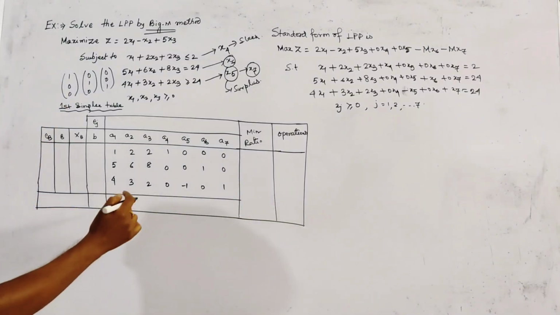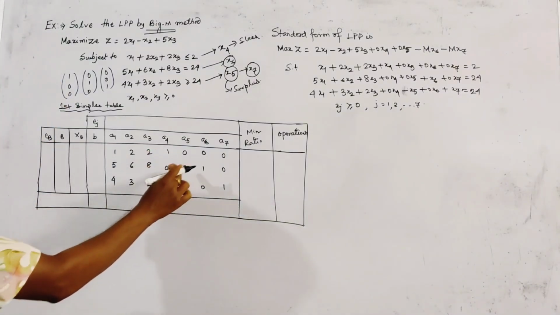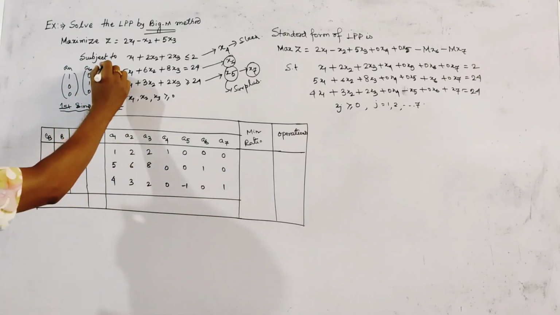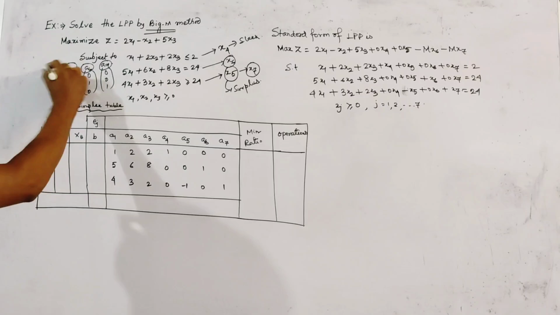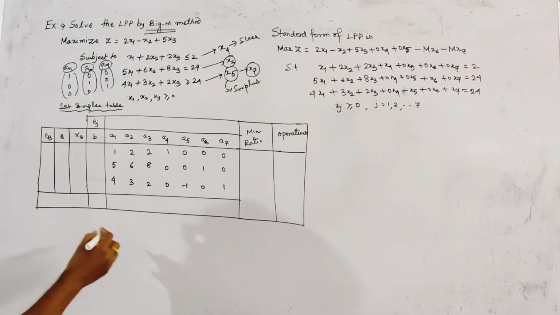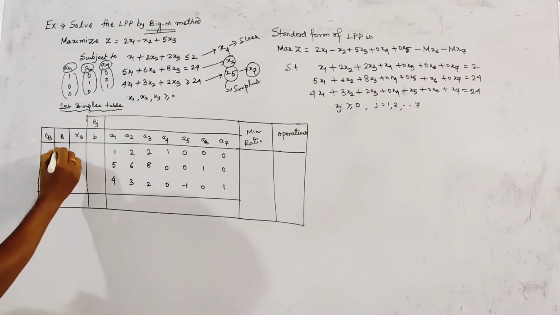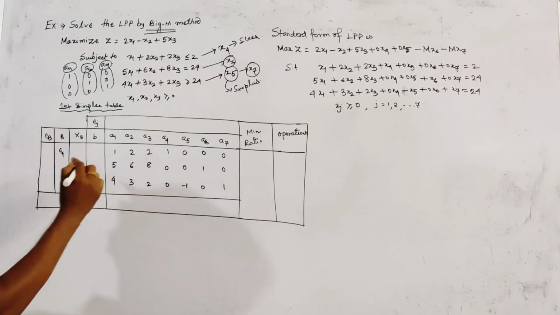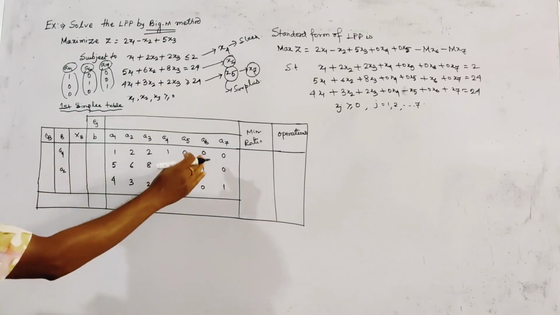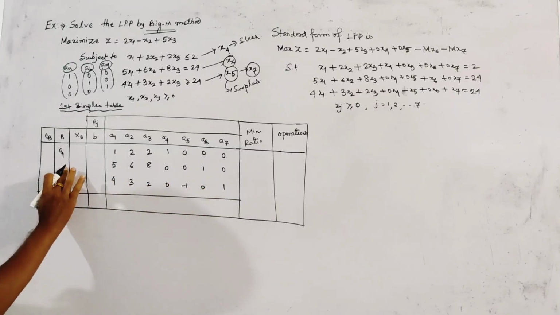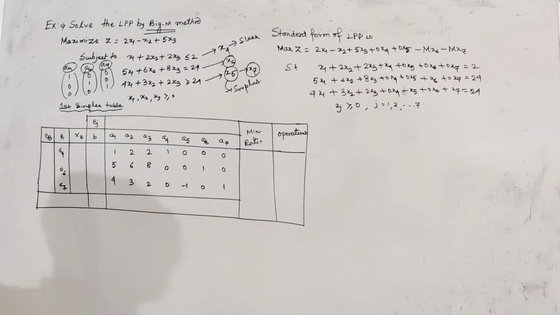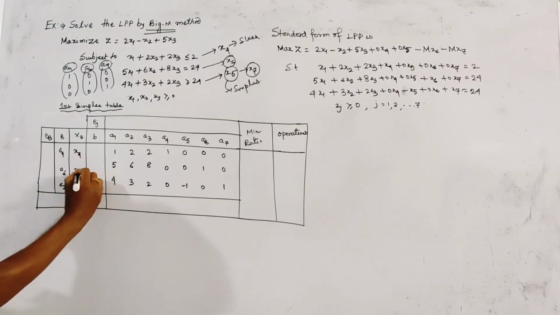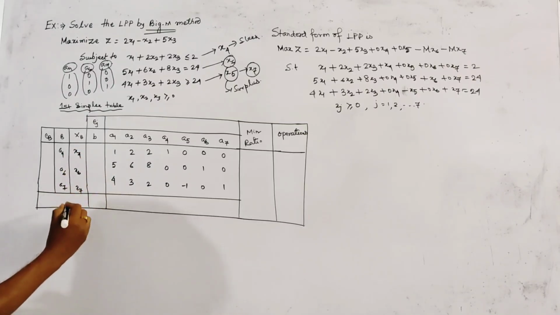Clearly these three columns, A4, A6 and A7, form the standard basis. So we write here the basis vectors: A4, the first basis vector 1 0 0, then A6 and then A7, and write the corresponding variables X4, X6 and X7.